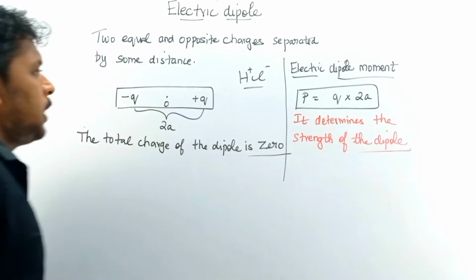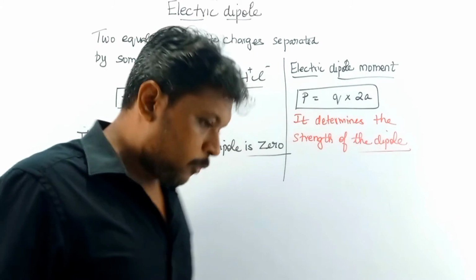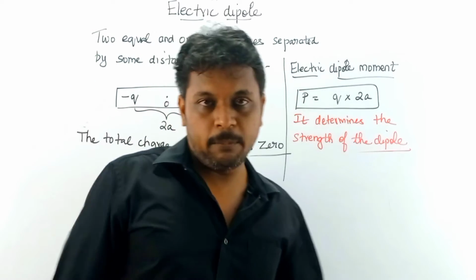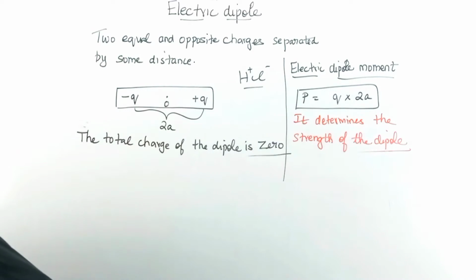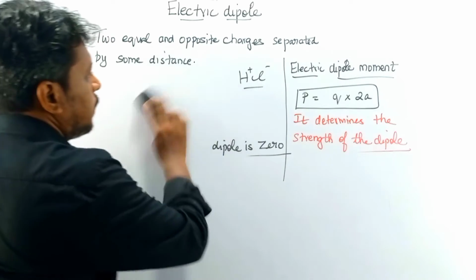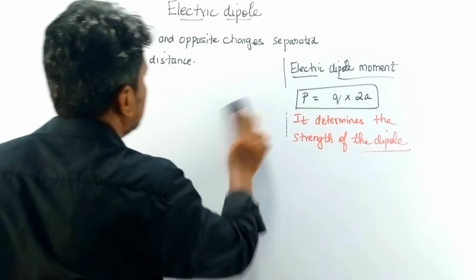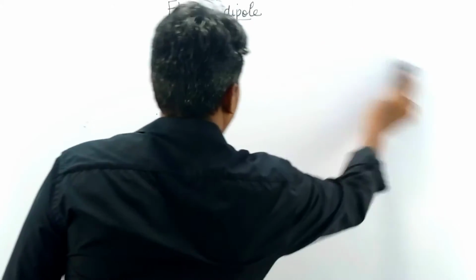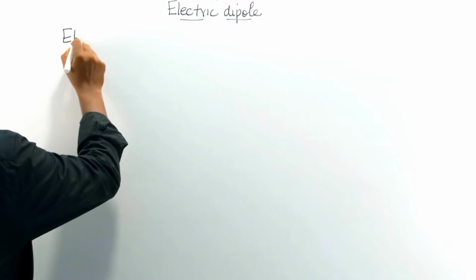Now we will see the value of the electric field, with respect to magnitude and direction, due to this electric dipole. We will see the expression for the electric field due to this dipole.